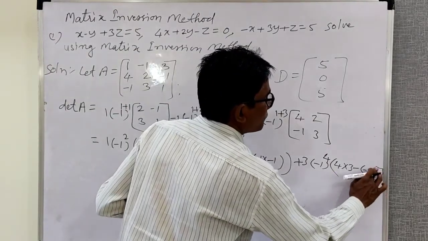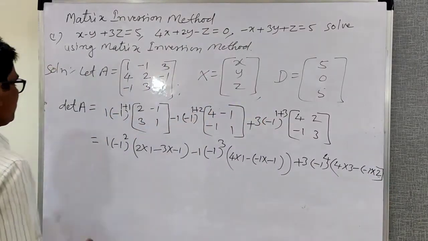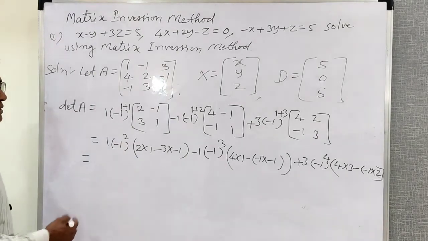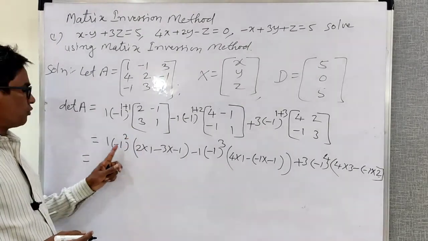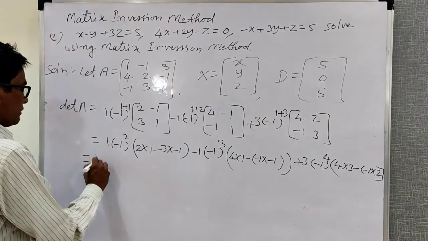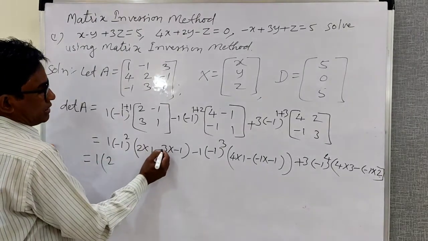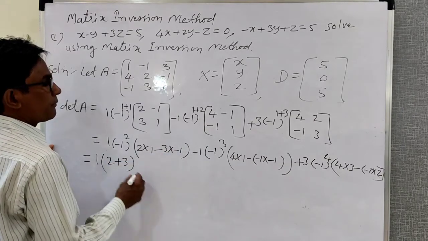-1 into 2, which is equal to -1 power 2 means power is even number, therefore it is +1, +1 into +1, +1, 2 into 1, 2, minus 3 into -1, minus plus, 3 1s are 3.